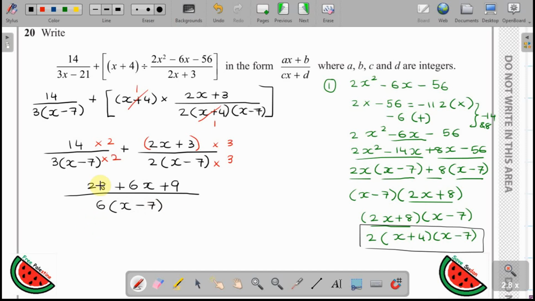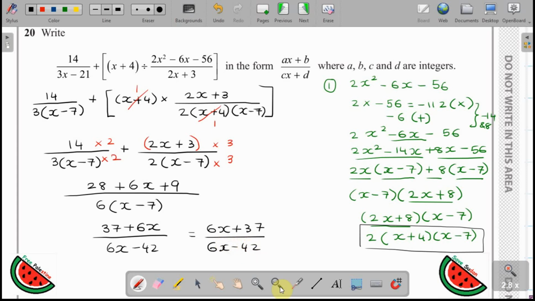I'm going to expand this and simplify the numerator first. 28 plus 9 is 37. Add 6x. You can write it as 6x plus 37 as well, because the question tells you to write it like that, which I will do in a bit. And expand this bracket, 6x minus 42, which gives 6x plus 37 over 6x minus 42.